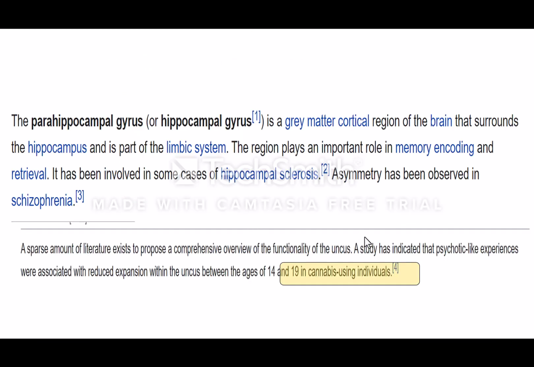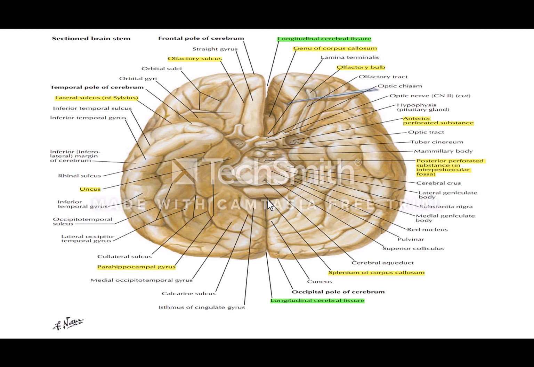Now, a study has indicated that psychotic-like experiences were associated with reduced expansion within the uncus between the ages of 14 and 19 in cannabis-using individuals. So this uncus, which is still part of the parahippocampal gyrus, has been implicated in psychosis when there are problems with that part of the brain.